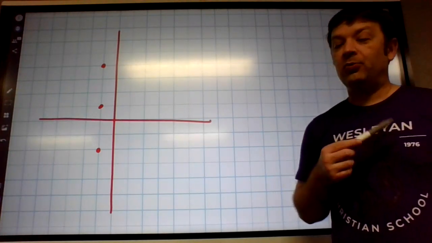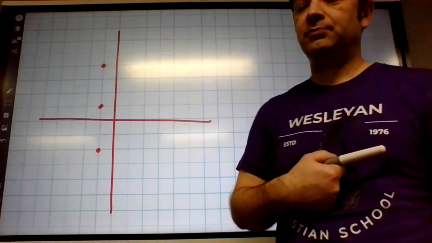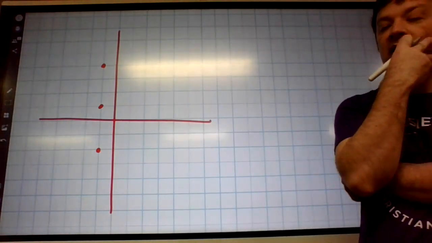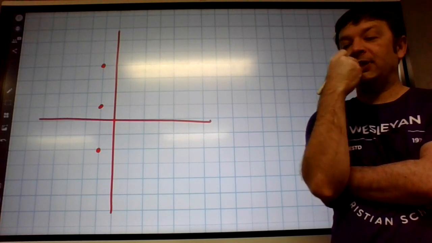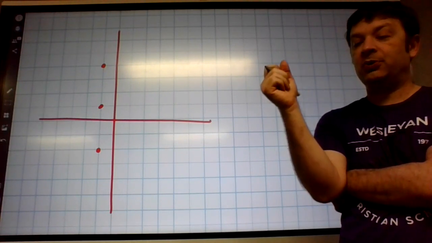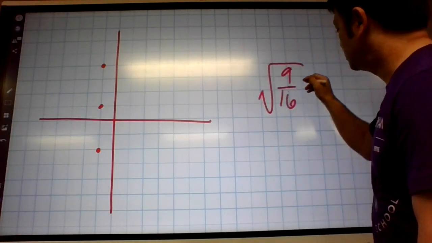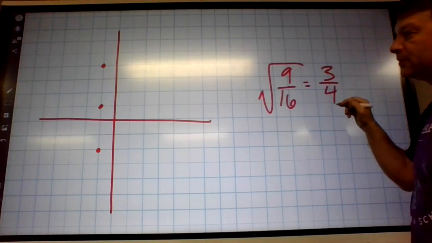Okay, what will the slope of the asymptotes be? 4 over 3. No, it's y over x. So it's 3 over 4. Square root of 9/16. So it's 3 over 4.